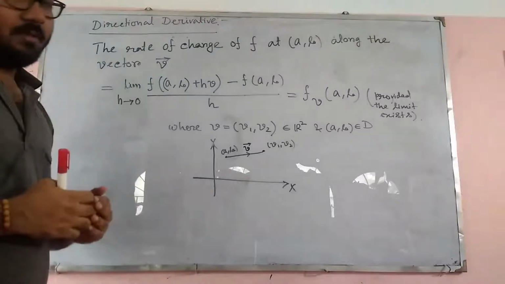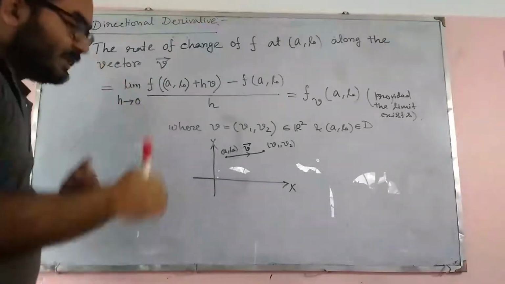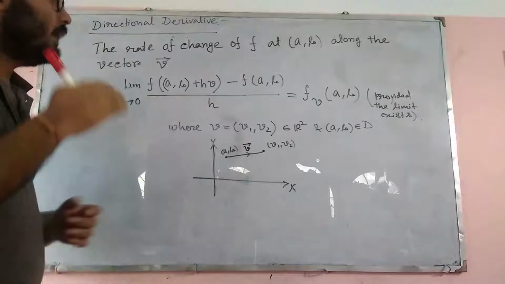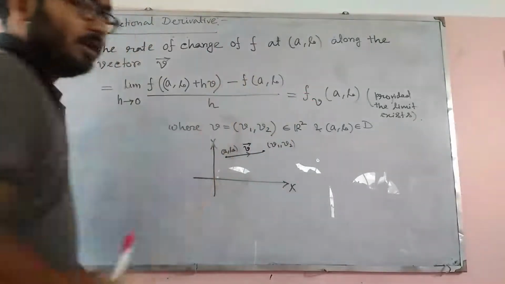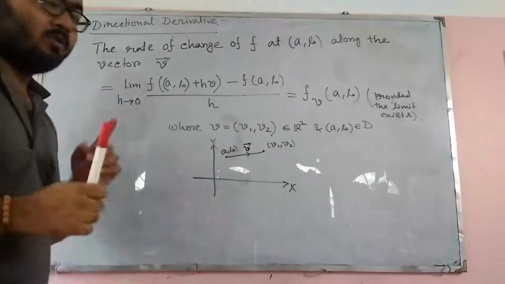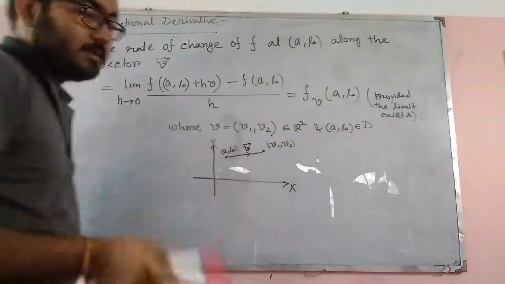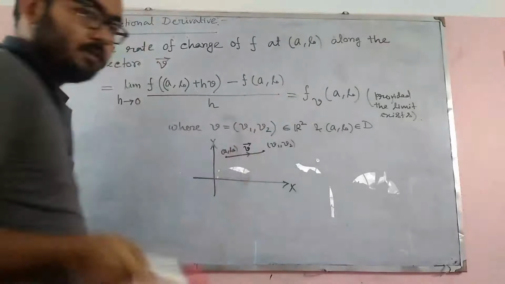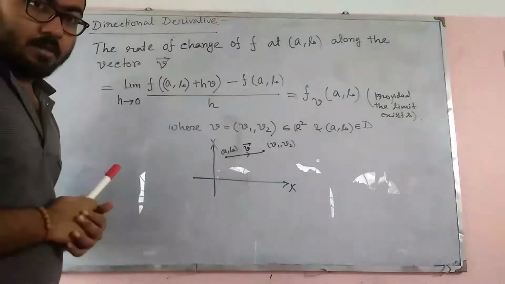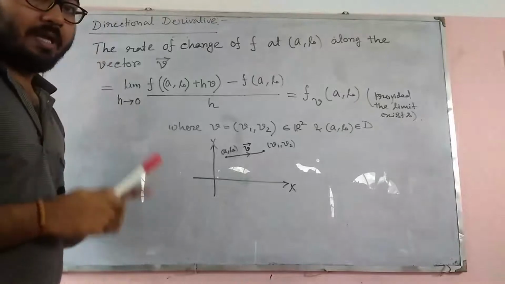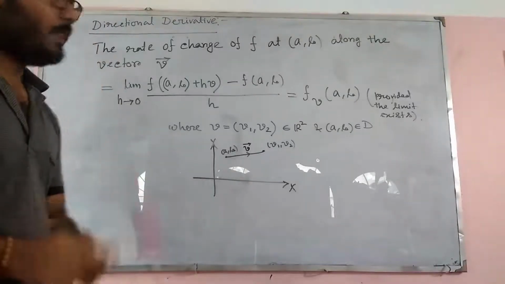We call this the directional derivative of f at a comma b along the vector v, and we denote it by this symbol. This limit has to exist finitely.